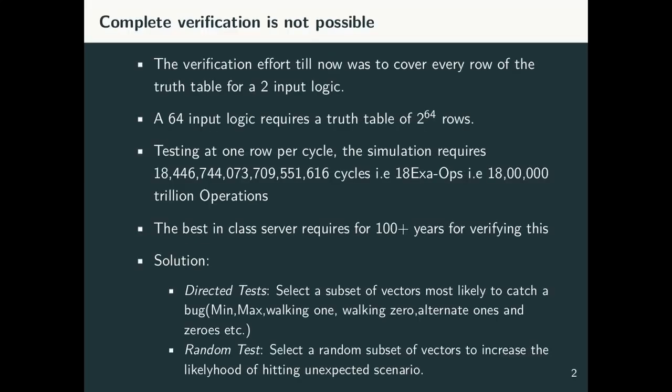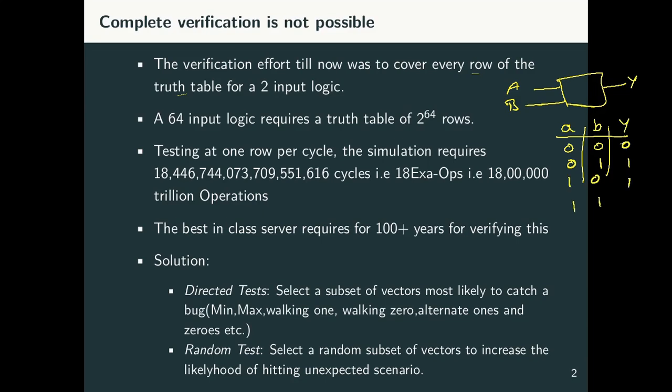Our verification effort till now was to cover each and every row of a truth table. So we had a DUT which had two inputs A and B and one output Y. And what we did is we constructed a truth table saying A, B, Y and covered 0, 0, 0, 1, 1, 0 and 1, 1.